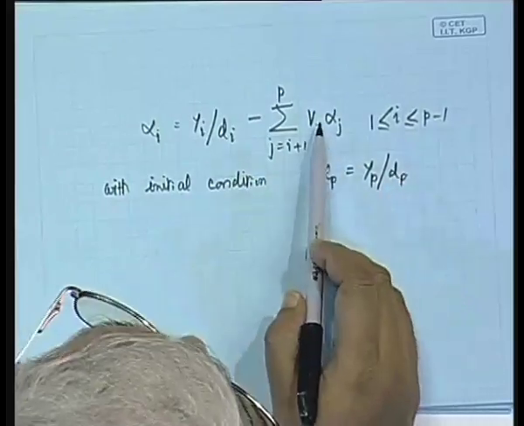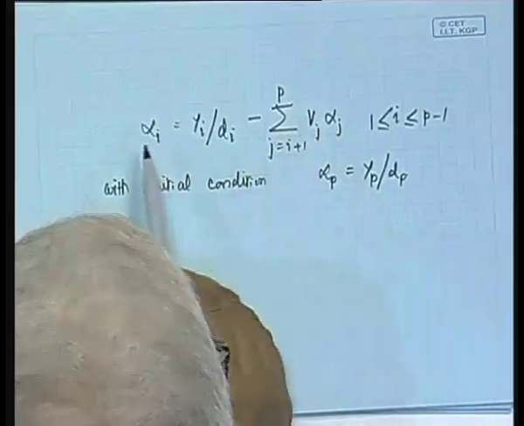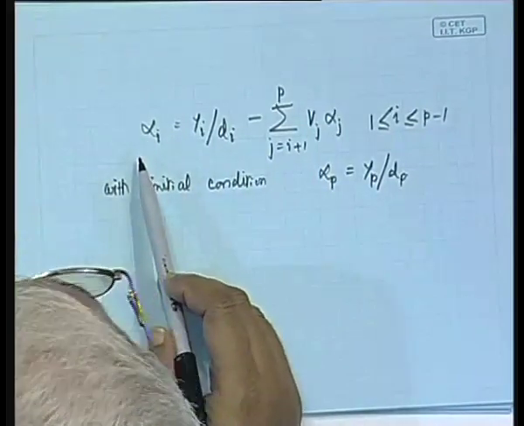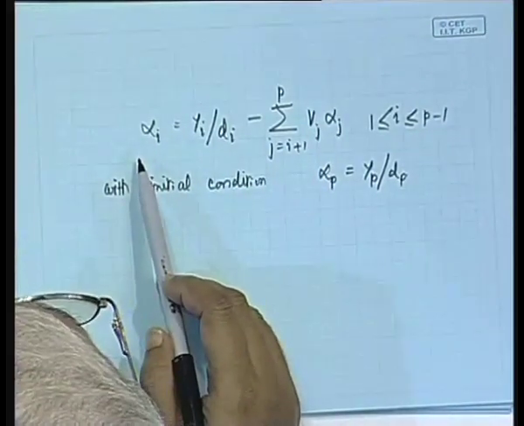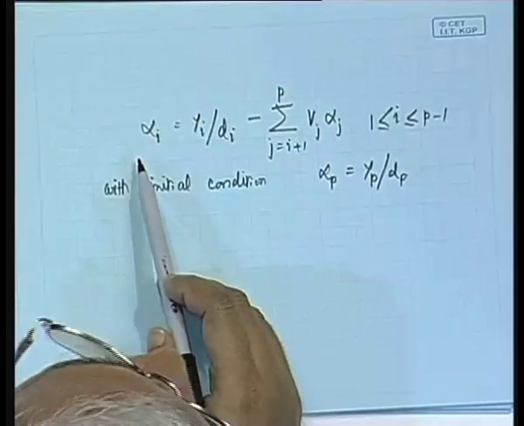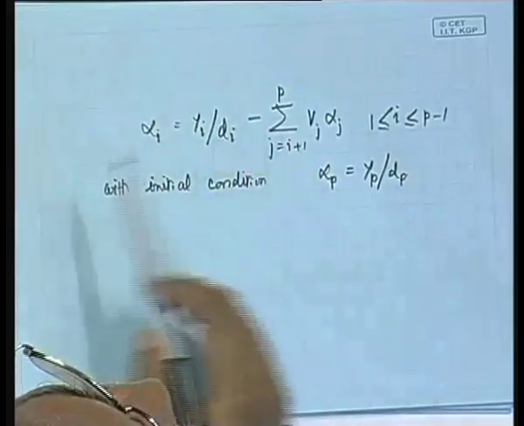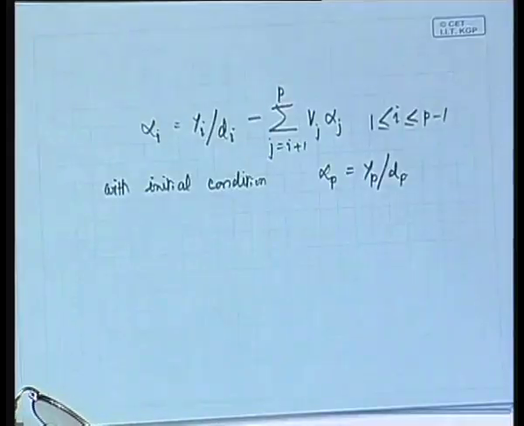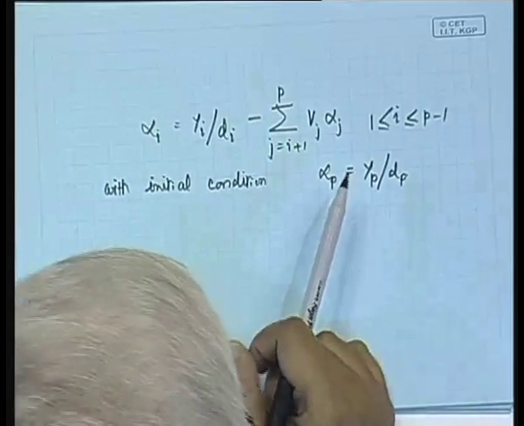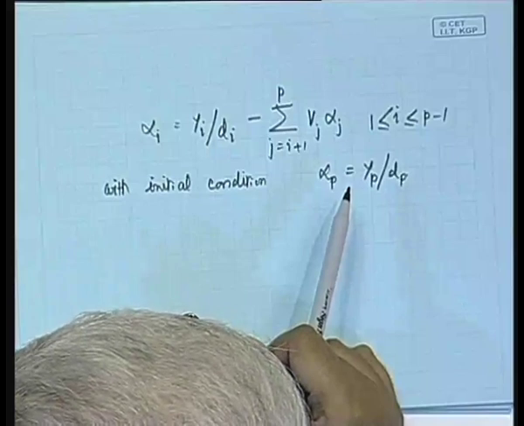Having known alpha p, you will be able to solve for alpha p minus 1, and having known alpha p and alpha p minus 1, you should be able to solve alpha p minus 2. So, in this case also it is a recursion, but the only difference is that this is going to be a backward recursion, right. Any questions?